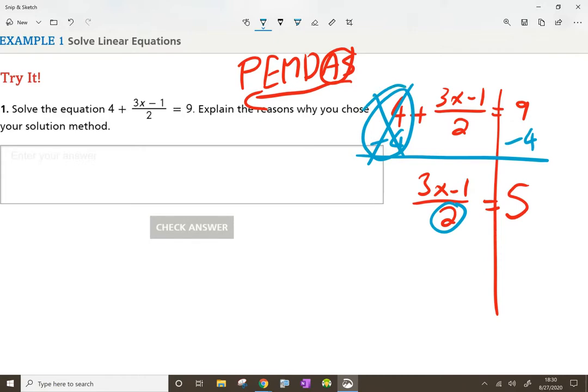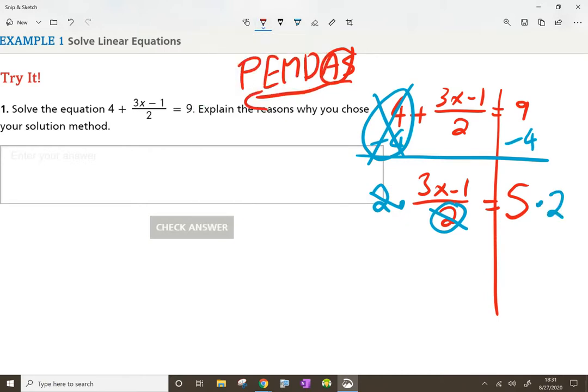Just like over here, it was adding 4. But remember, in order to solve, we have to do the opposite of what's going on there. So since it's dividing by 2 and the opposite of that is multiplying by 2, I will multiply this side by 2 in order for that 2 to cancel out. But again, since I multiplied that side by 2, I have to multiply the other side by 2 as well.